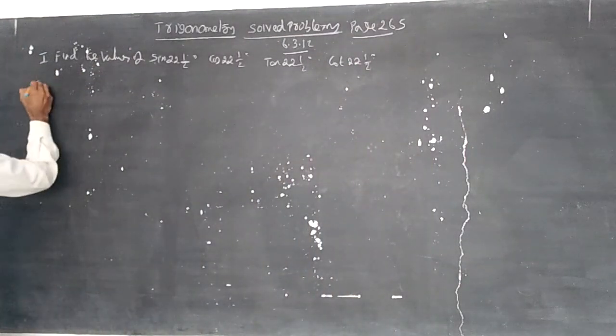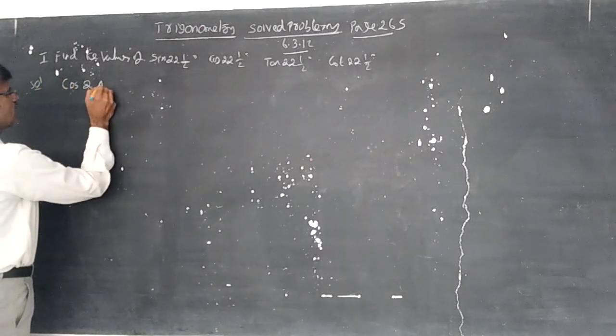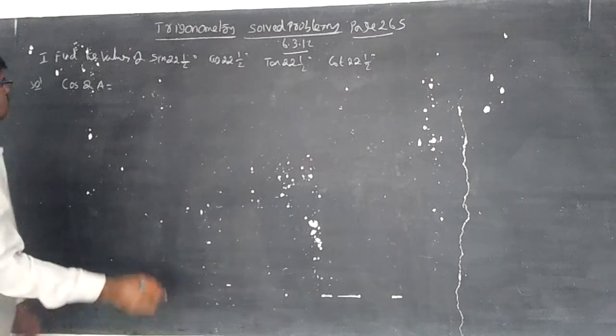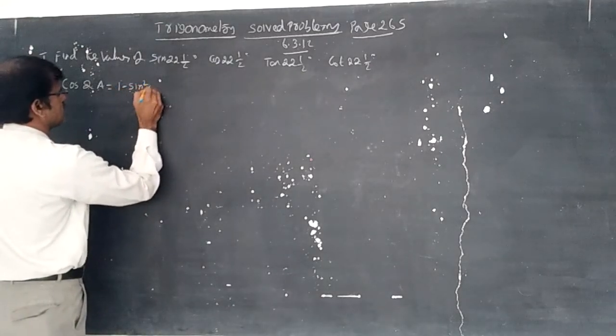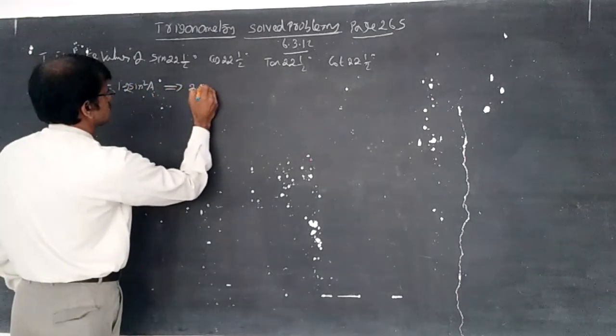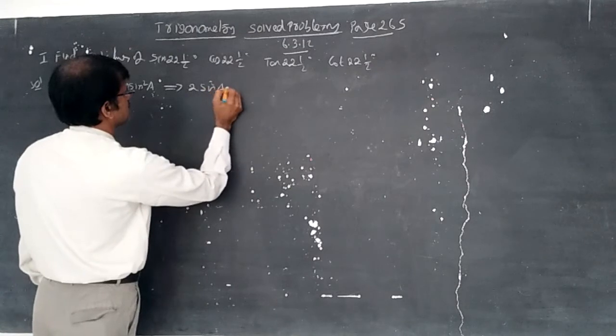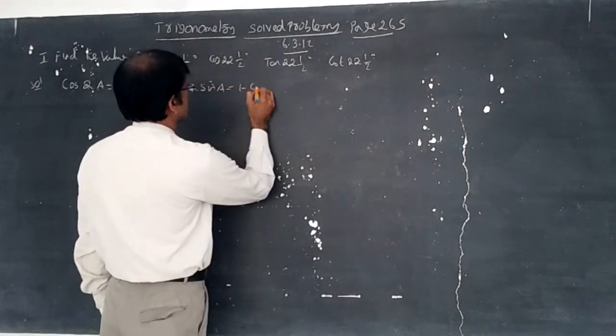These all formulae depend upon the cos 2a formula. Cos 2a formula in terms of sin is 1 minus 2 sin square a. So 2 sin square a is equal to 1 minus cos 2a.